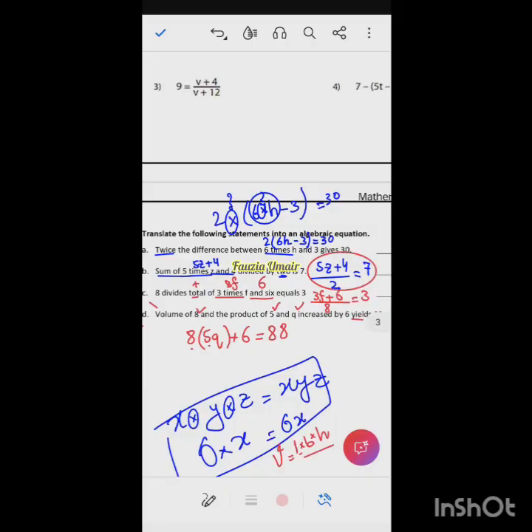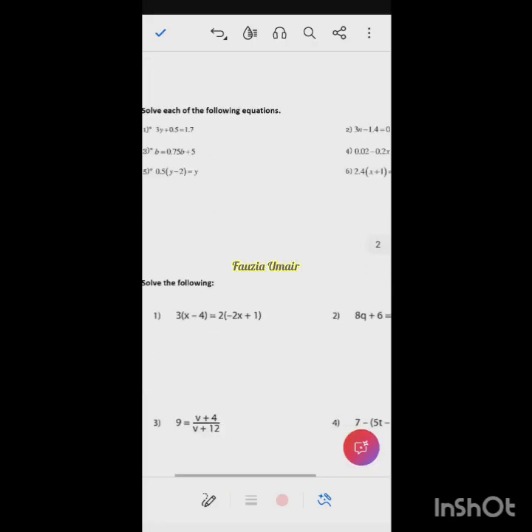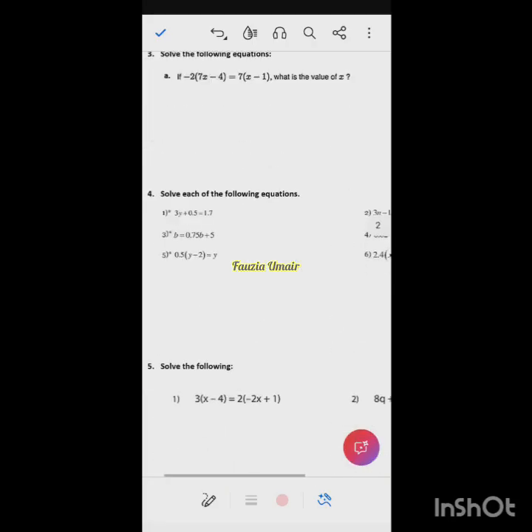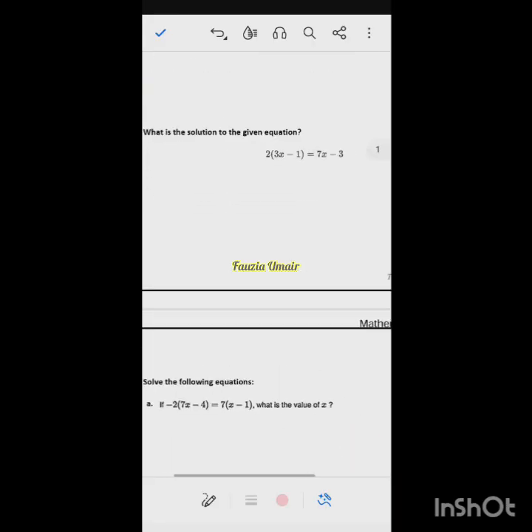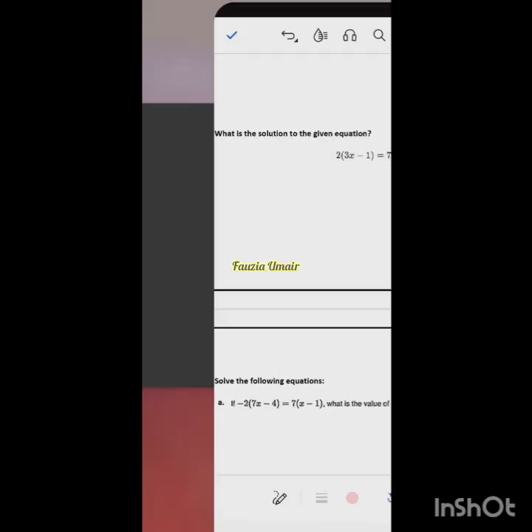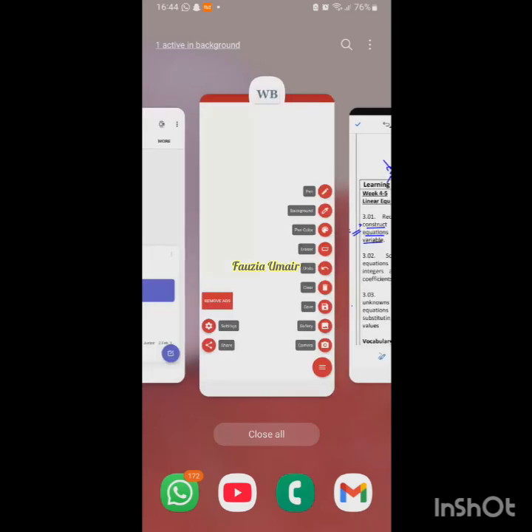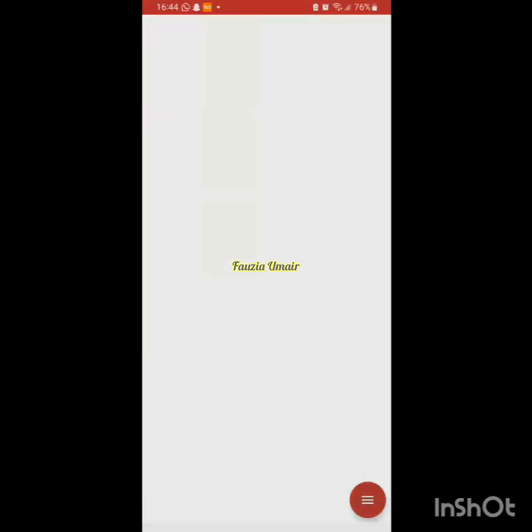So we will solve these questions from the book as well, right? Now before we start solving questions, let me tell you one thing. In the first term you studied expressions, linear expressions, and now you're learning about linear equations, right?